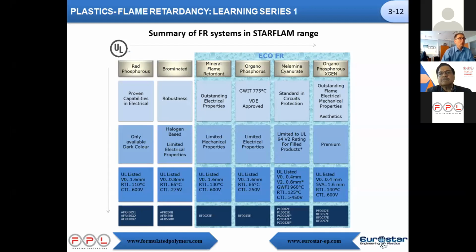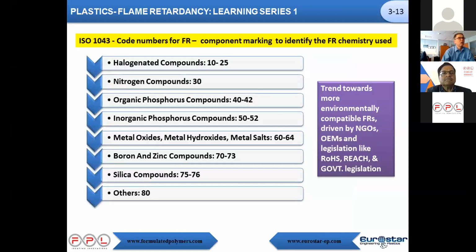On the next slide, it's just a resume of the codes that have been explained previously. There is a chart on the internet that you can find. And just to conclude on this one, things will change because non-governmental organizations are now taking a lot of care about the toxicity of flame retardants.